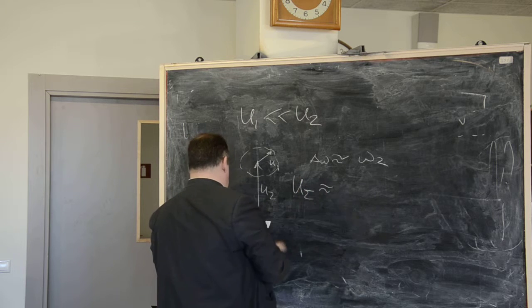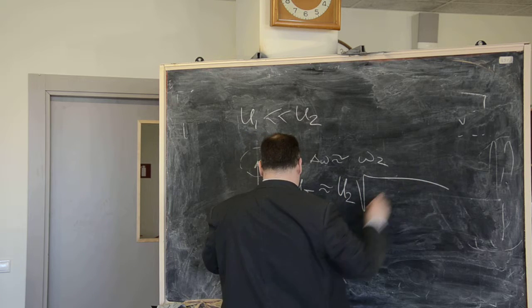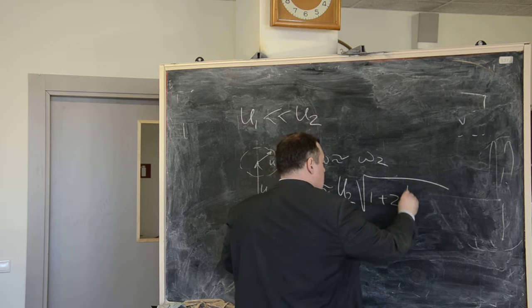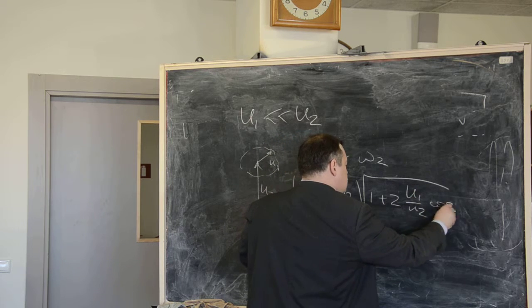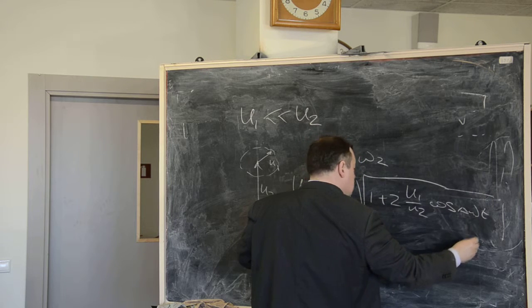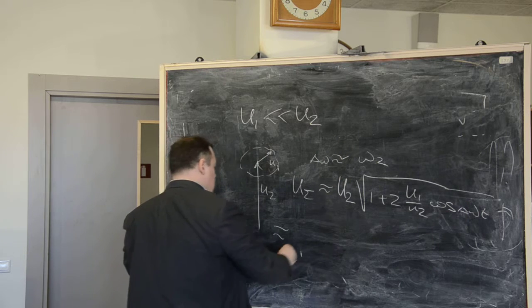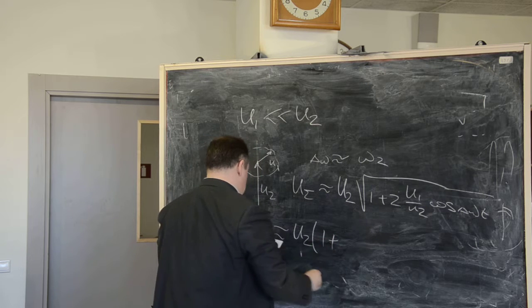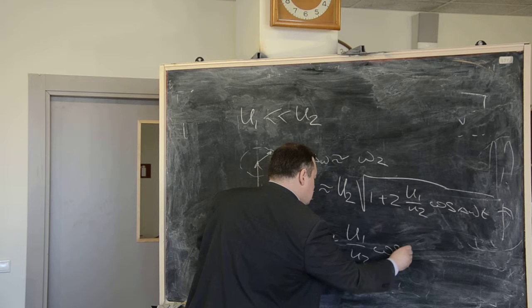The summary voltage is approximately U2 times 1 plus the ratio against cosine.